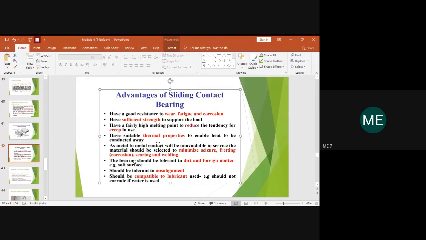Select a proper, good material so that welding will be done very neatly, and it is a corrosion-free material, right? And it does not show the seizure type of wear which usually comes across in other types of bearing material. If you select the right material, then when metal comes into contact with metal, these things will not be seen. So that is one of the plus points of the sliding contact bearing.